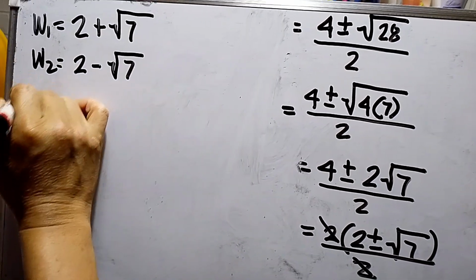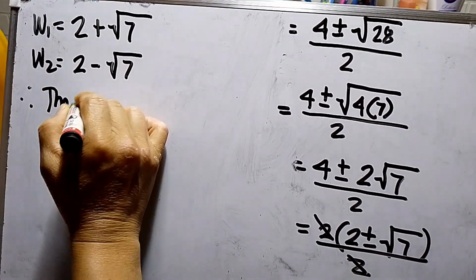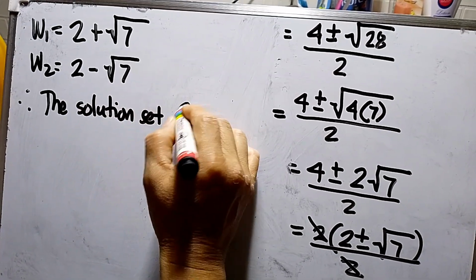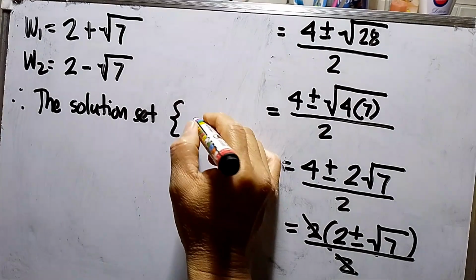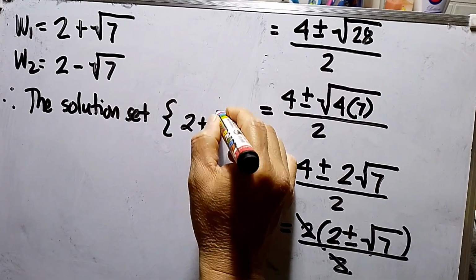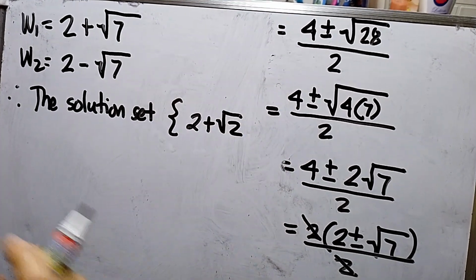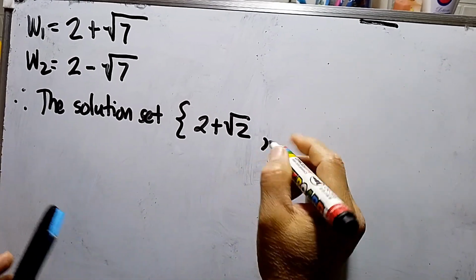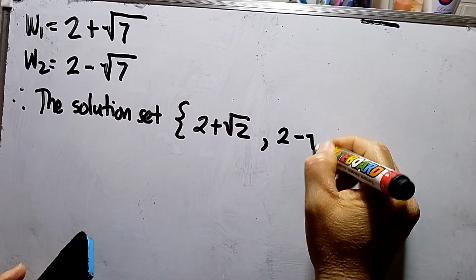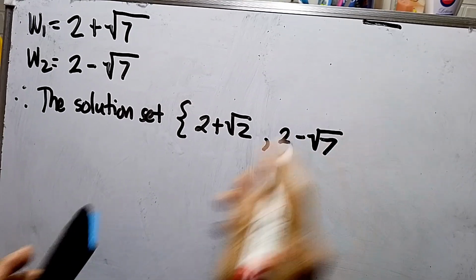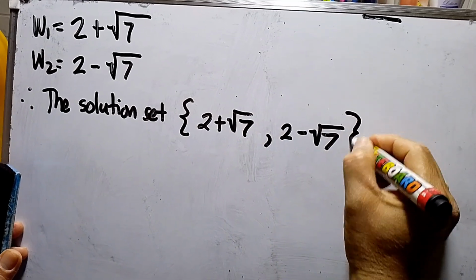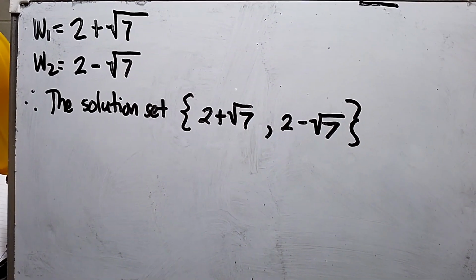So therefore, the solution set is 2 plus square root of 7 and 2 minus square root of 7. So, two values for w.